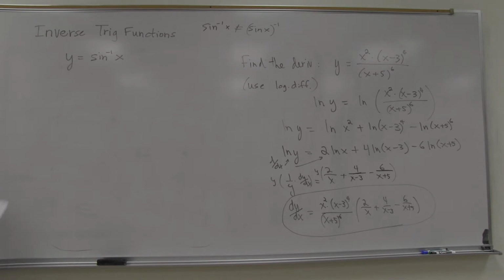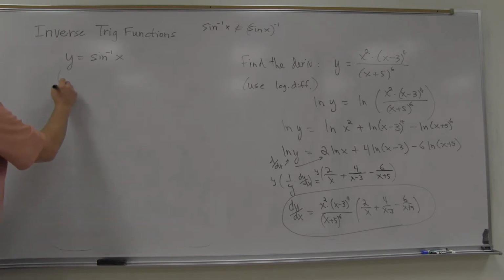It's y equals sine inverse of x. That's the y here is the value such that the sine of y equals x. So that's why we call it the inverse sine.